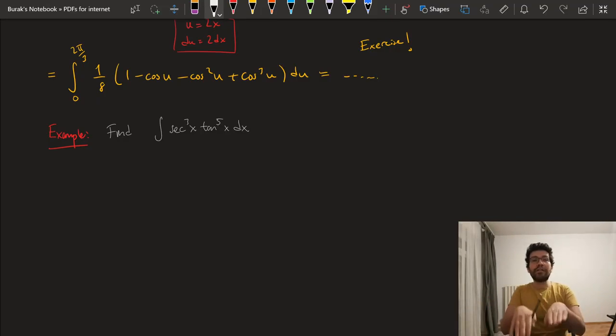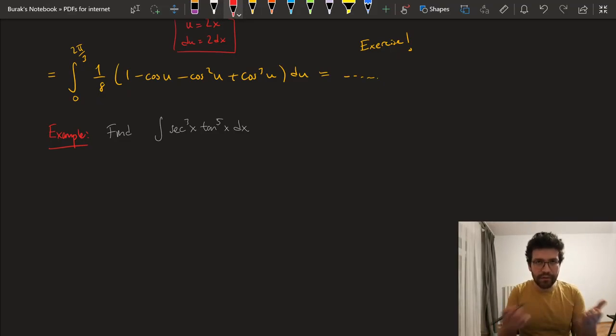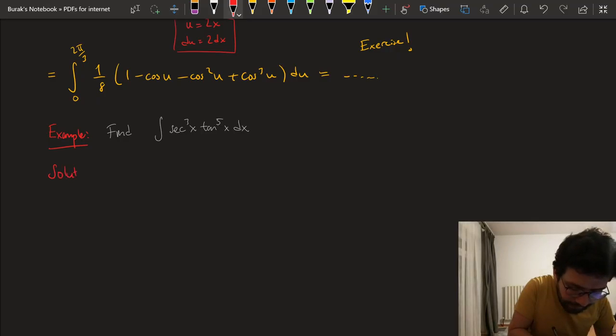So if I call one of these terms, secant or tangent, u, then I will see du in my integrand, because if I call tangent of x u, then secant squared x dx will be my du, and if I call secant x u, then secant x tangent x dx will be my du. And then using the trigonometric identity that relates tangent squared and secant squared, namely 1 plus tangent squared is secant squared, will allow you to simplify things. So let me show you what I mean on this specific example.